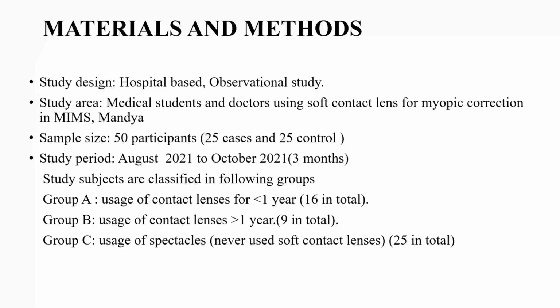It was a study of duration of about 3 months, and the subjects were classified into the following groups. Group A had subjects with usage of contact lens for less than 1 year, Group B had subjects using contact lens for more than 1 year, and Group C were taken as controls, where they use spectacles for myopic correction.